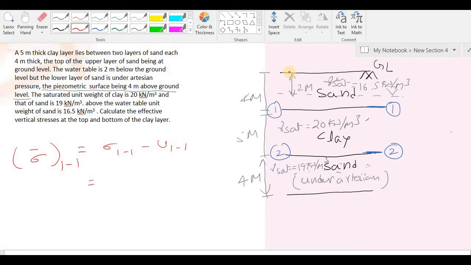Total stress means density into height, which is 16.5 into 2, plus this density into height. This density is 19, because below the water table sand is 19. So here also gamma sat is 19. Don't confuse. Okay. So this is total stress minus pore water pressure.